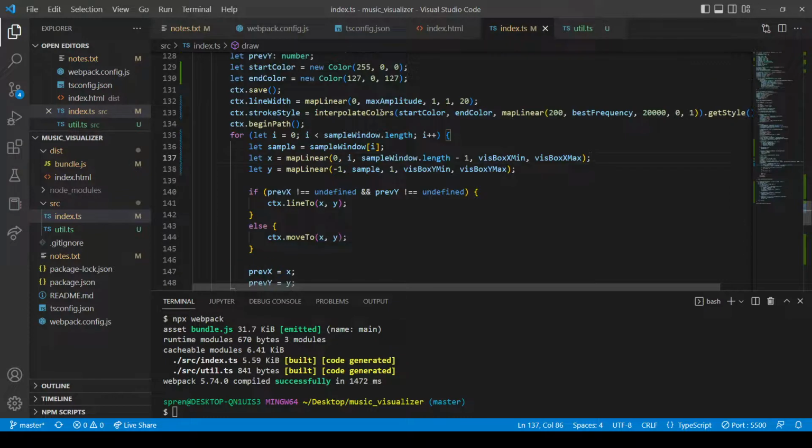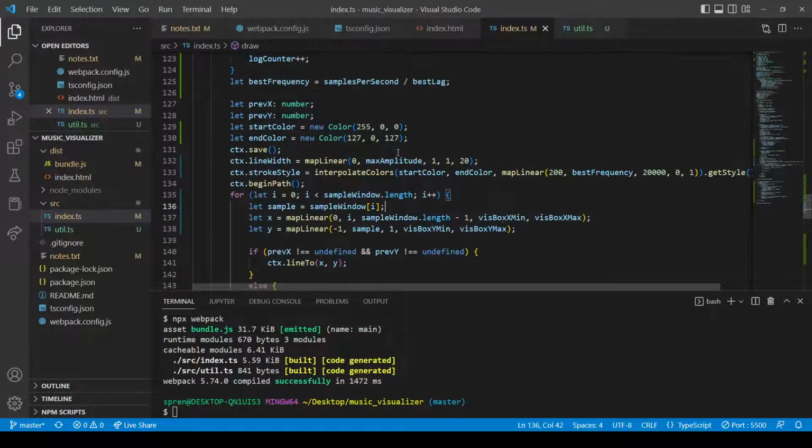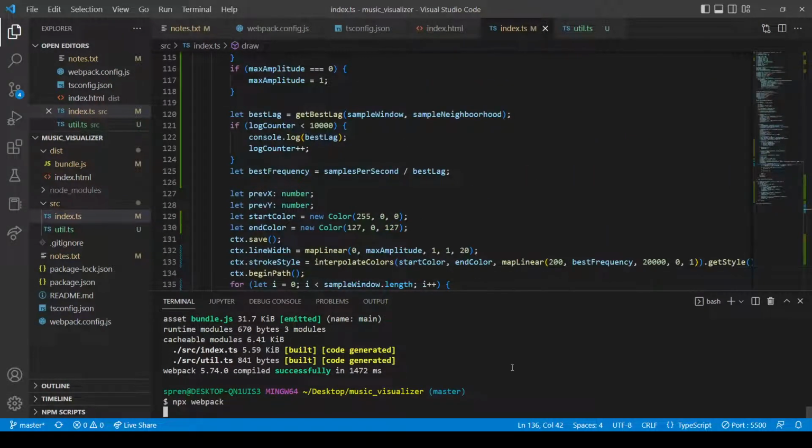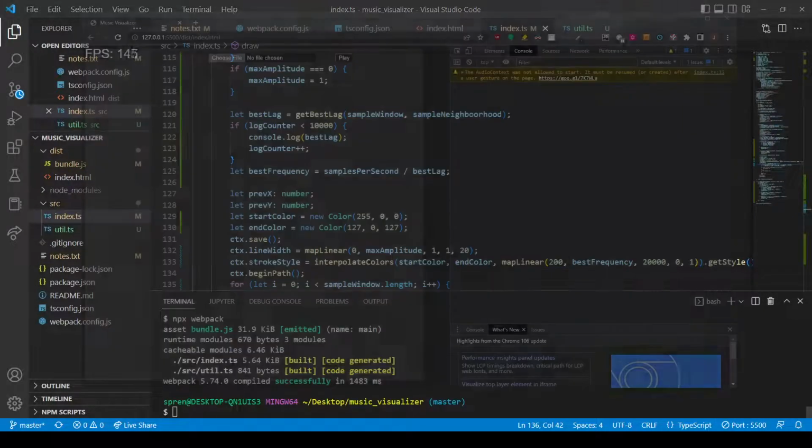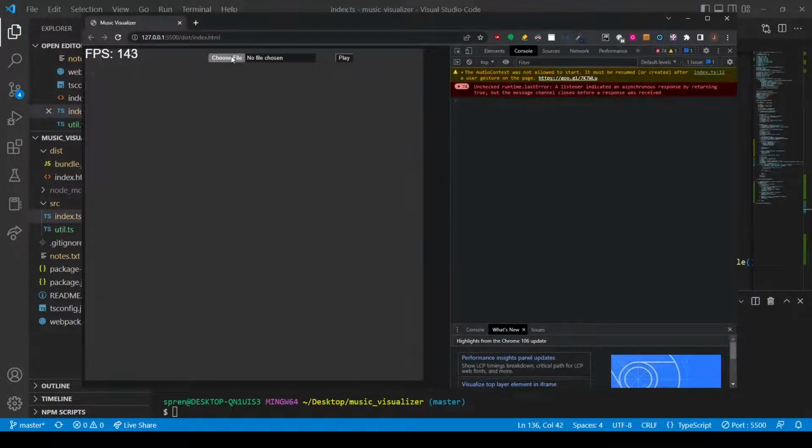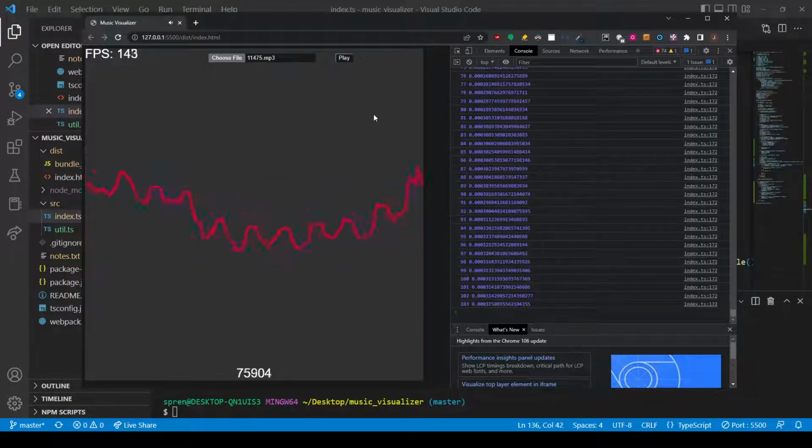Okay, I think that completes the substitution. Let me run it again to make sure that I have done that correctly. Yes, I believe I have.